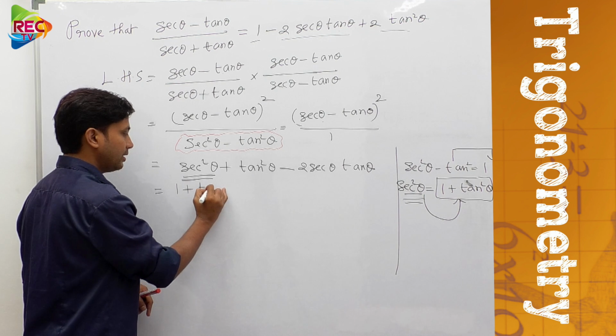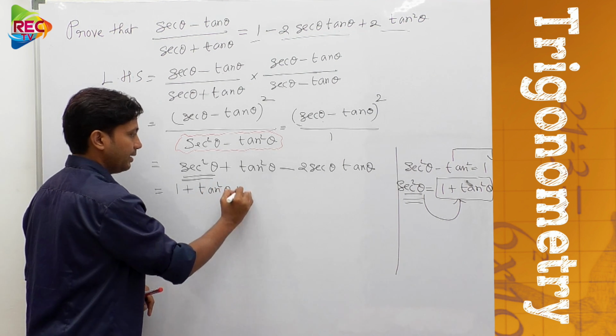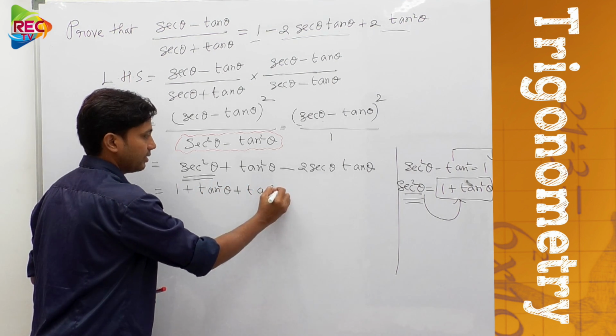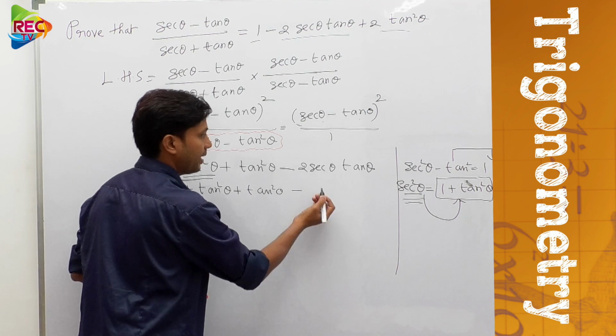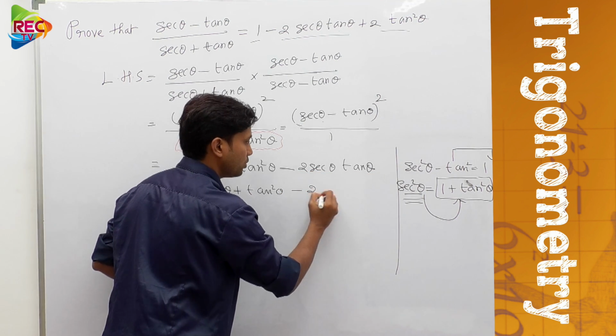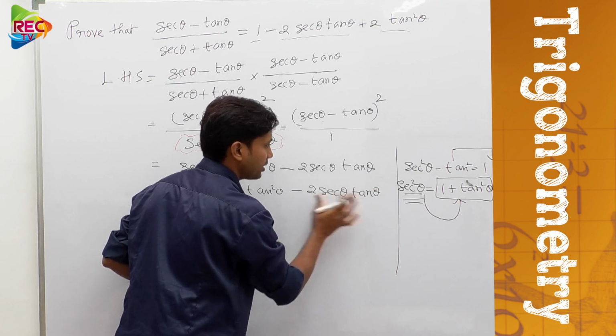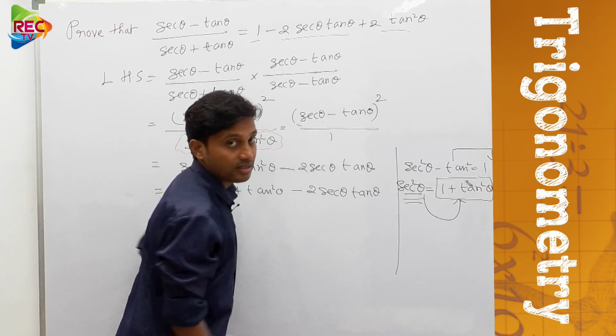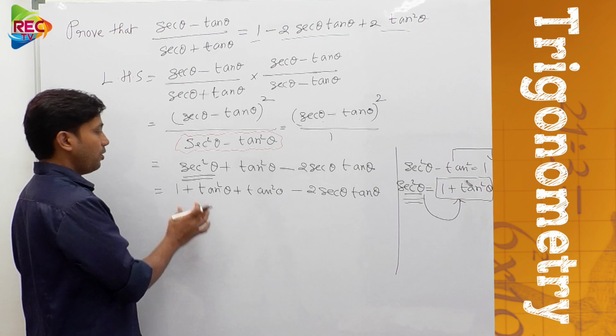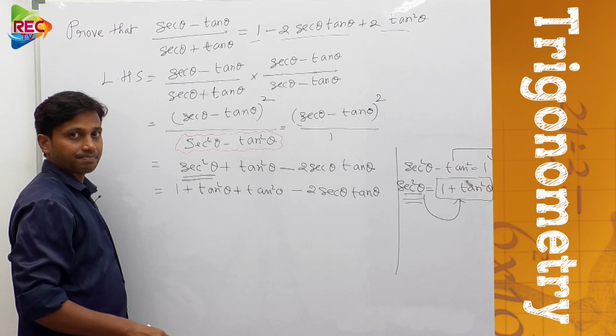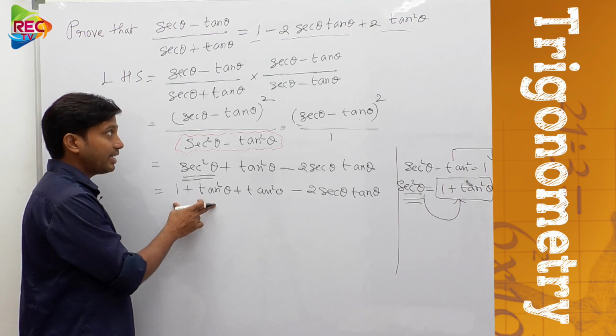1 plus tan square theta plus tan square theta, which is given like this, minus this is 2 secant theta tan theta. We don't need to do any changes to this term because it is given as it is, right? So now 1 plus tan square theta. Why did we convert like this?